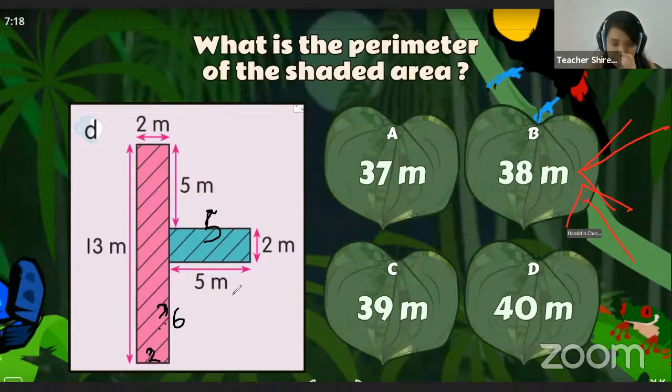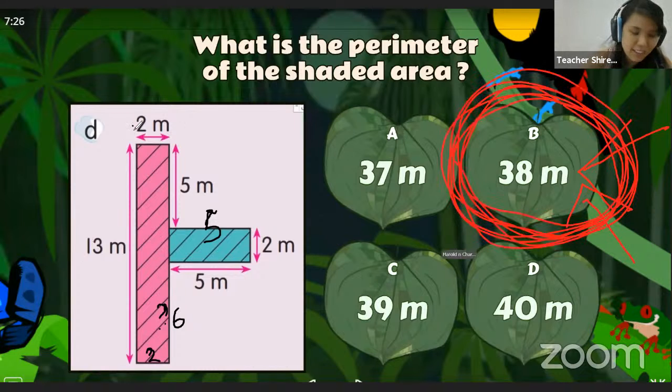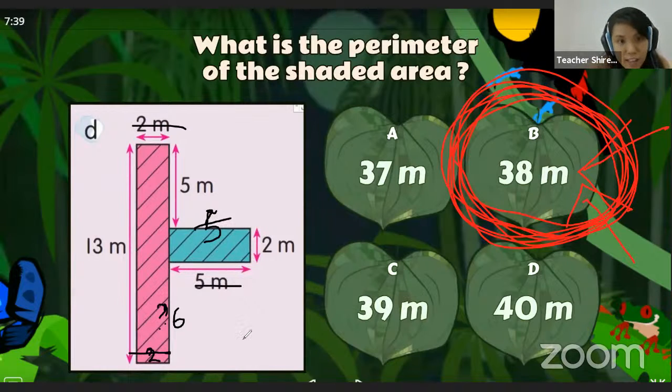Okay, all the answers are different. Some say here and some say that. Let's plus together. 2 plus 2 is 4. 5 plus 5 is another 10. So we got 10. We got 4. Okay, 4 plus another 2, let's make it 6.